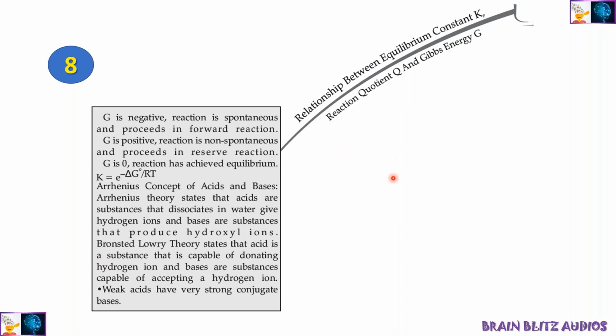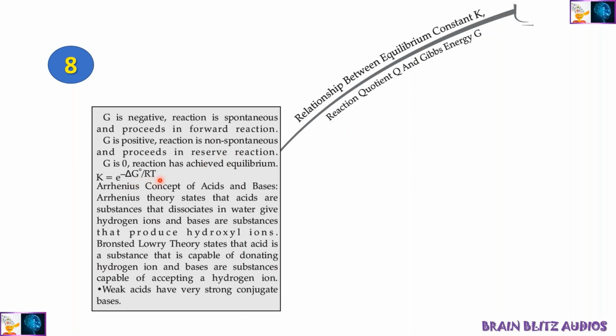It will start by itself and proceed forward. But if the value of Gibbs energy is positive, you have to start the reaction as it's non-spontaneous, and it moves in the backward direction. You need to provide some heat for the reaction to occur, and even then it moves backwards. Now, if the Gibbs energy is 0, we say that this reaction has achieved equilibrium.